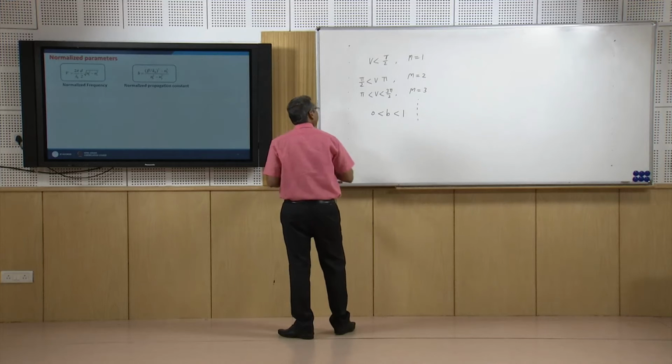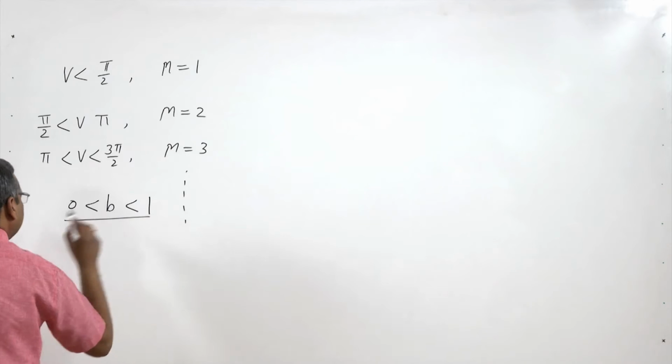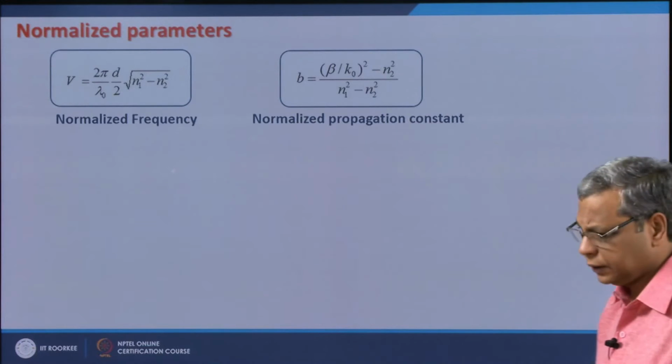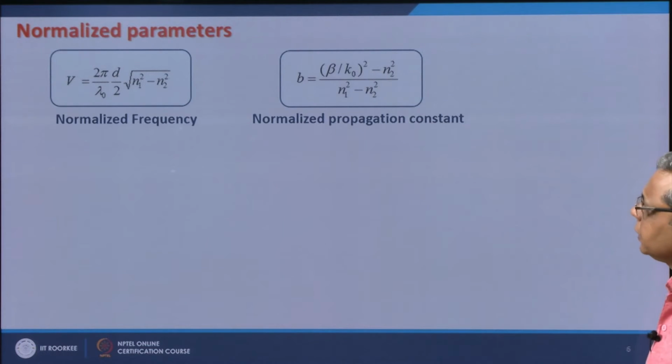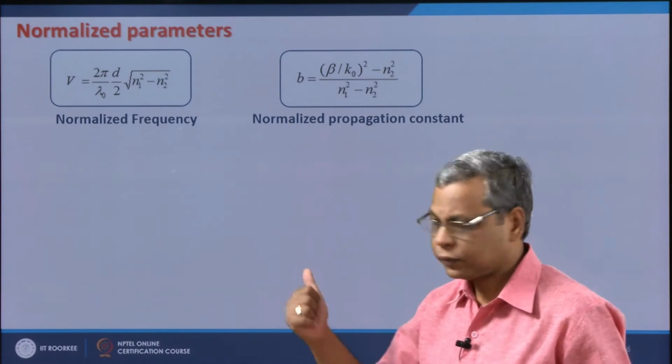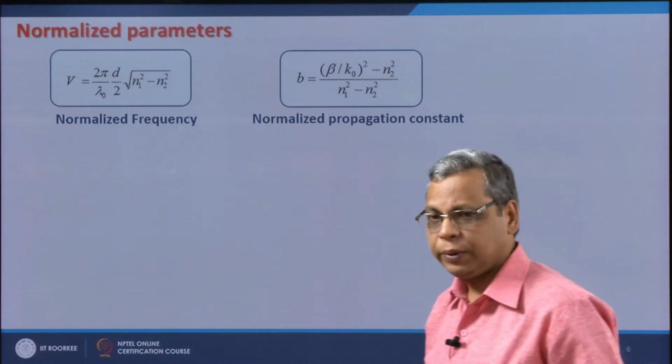So, this is now normalized propagation constant.